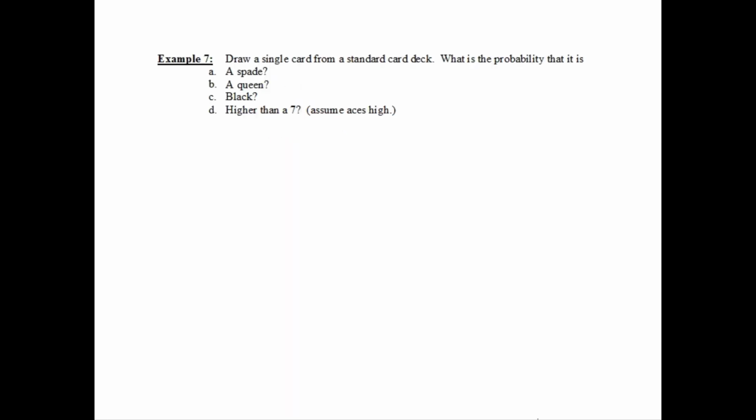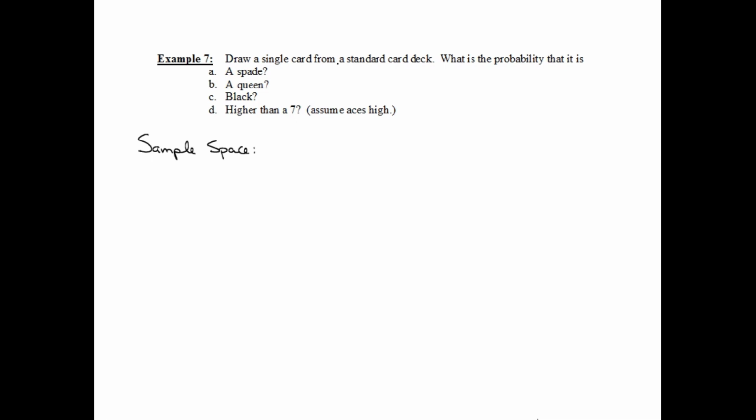Let's move on. Okay, let's suppose that we draw a single card from a standard card deck, and then we want to figure out the probabilities of these various events. Okay, first of all what is our sample space going to be? Well, what are the possible outcomes if we draw a single card? Well, all the possible normal cards.